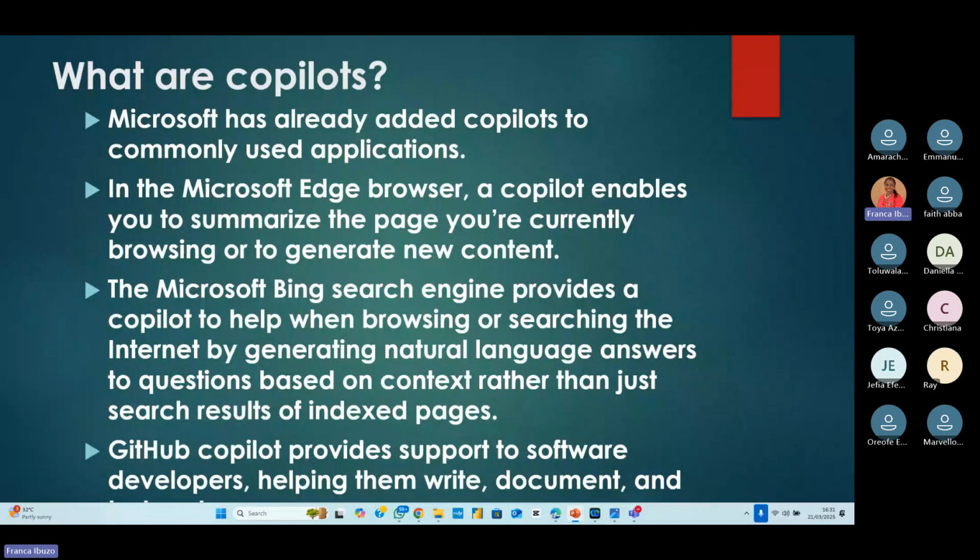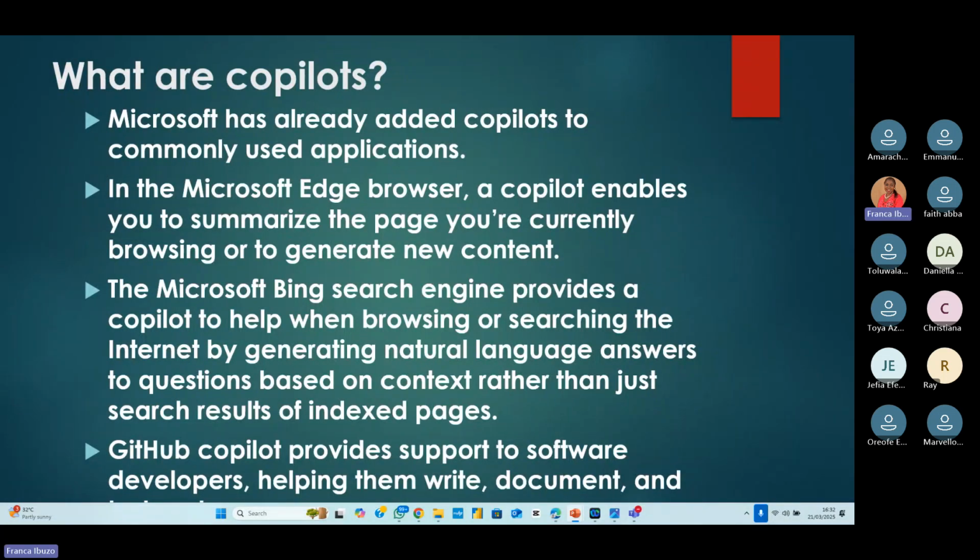And you also have the Microsoft Bing search engine. This provides a co-pilot to help when browsing or searching the internet by generating natural language answers to questions based on context rather than just search results on index pages.